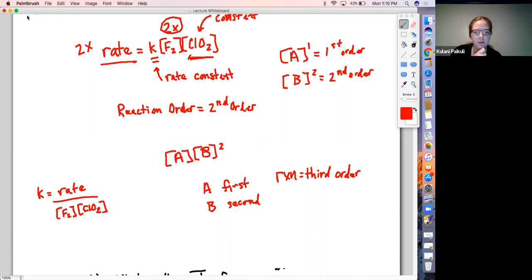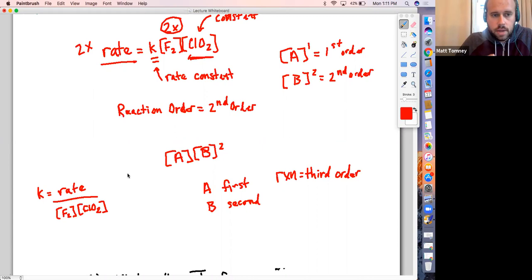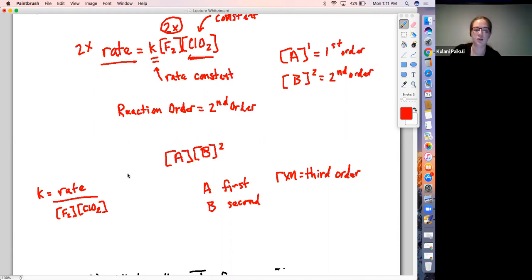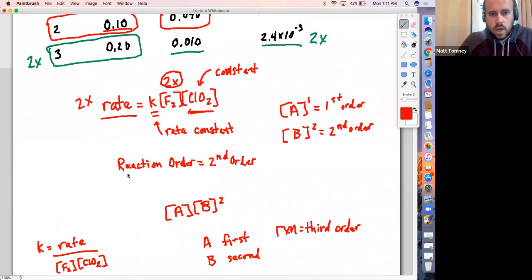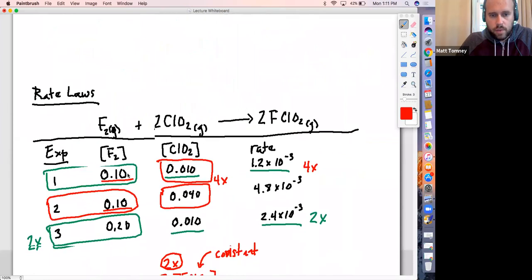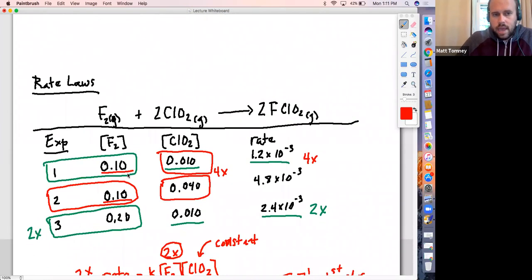Go ahead. Sorry. I'm assuming that the exponent in this place is, again, the stoichiometric coefficient? That's a very good question, and no, it is not. You would think that it is based on everything that we've come up with for equilibrium, right? So if we look at this, if that were the case, we have a 2 in front of the ClO2 here.